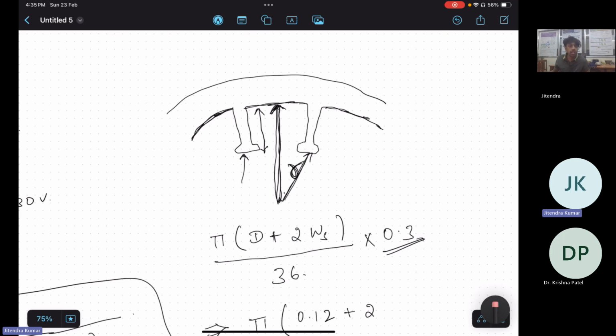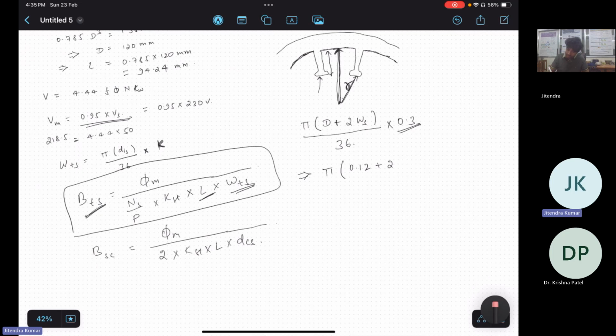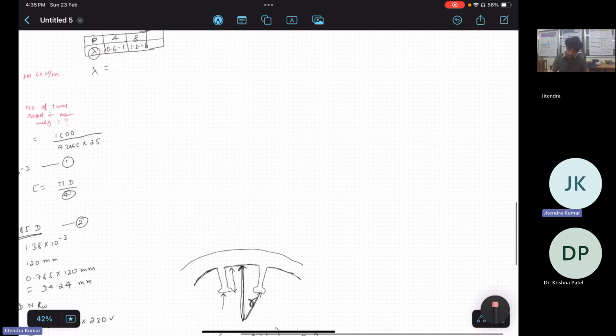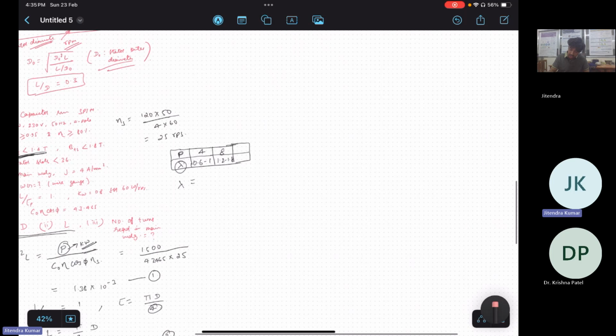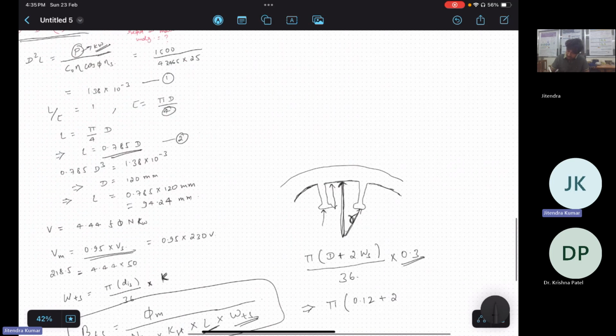I don't think that equation is with me also. But if you go back and check that equation, you will get that value of lambda in terms of number of poles. So from that, if you have calculated Di or D, you will be able to calculate this value.